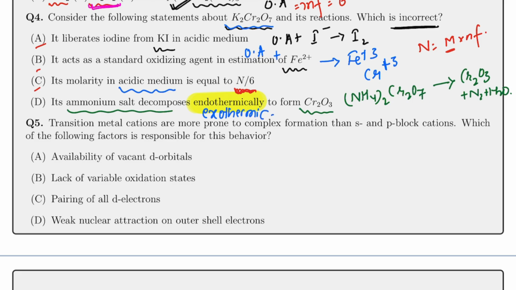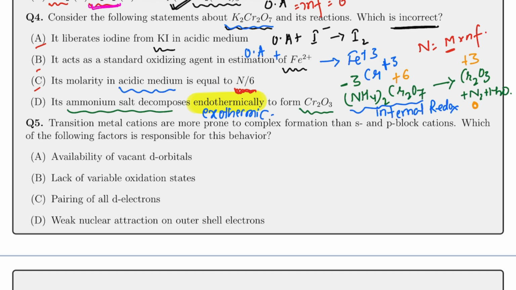And it also makes sense because over here intra, or you can say internal redox is taking place. If I talk about this ammonium salt of dichromate, then over here you will be finding that nitrogen is in -3. So nitrogen is going from -3 to 0. And if I talk about chromium, then it is going from +6 to +3.